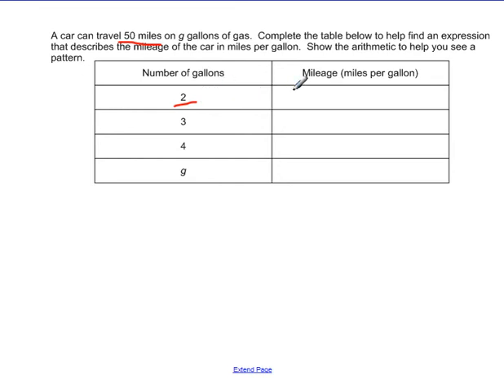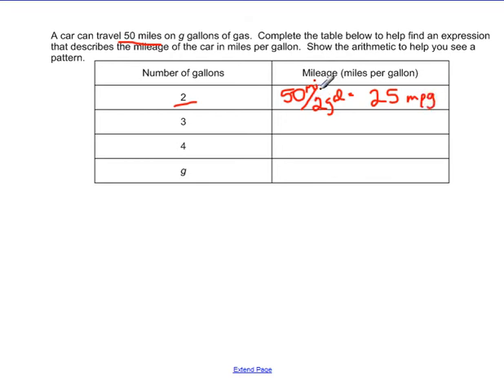So what we're saying is that if I'm going 50 miles with 2 gallons of gas, so 50 miles divided by 2 gallons would equal 25 miles per gallon, right? MPG, we see that sometimes in car commercials.